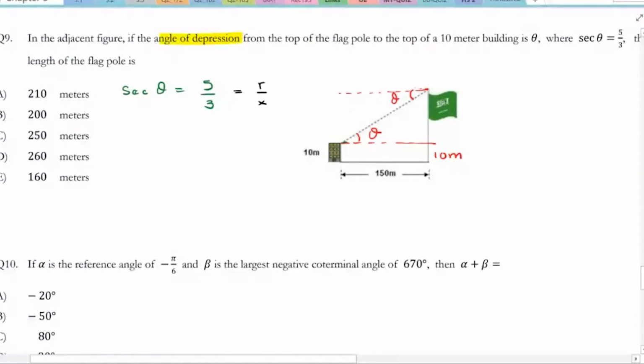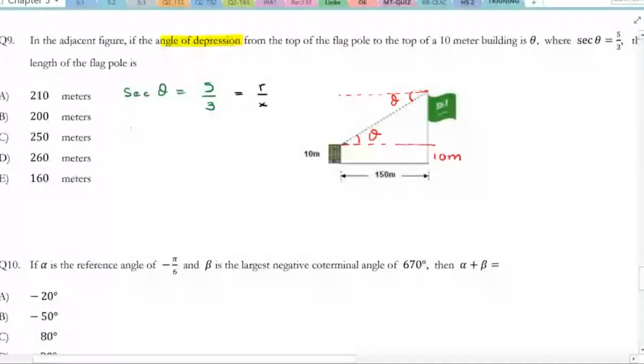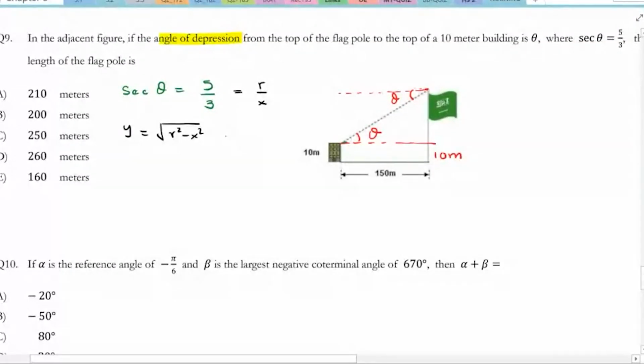So by Pythagoras, we can find y, right? But because we are talking of an acute angle, that means y will be positive. If you don't know, gentlemen, to find y, we are going to use the relationship r squared minus x squared. And this is going to be a famous side of a right angle triangle, which is going to be equal to 4.